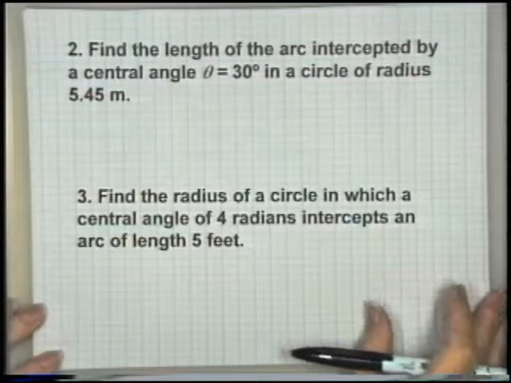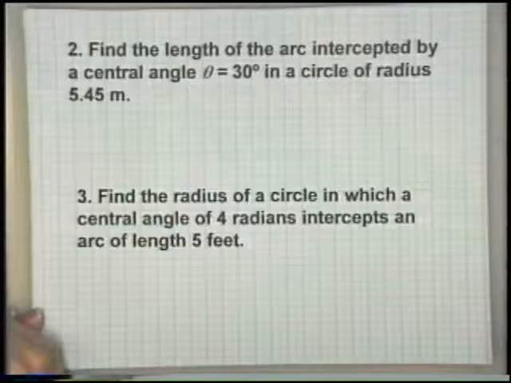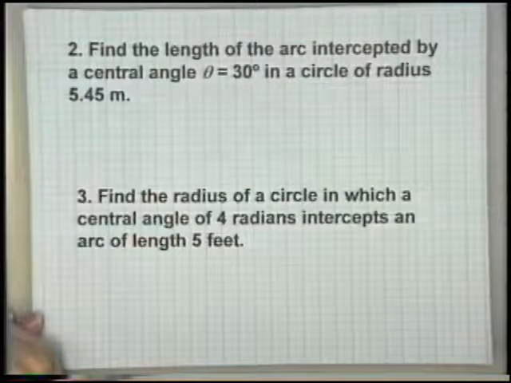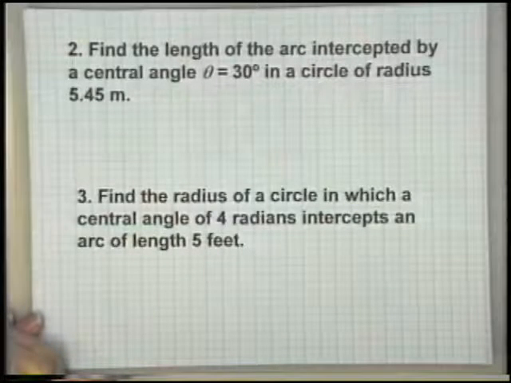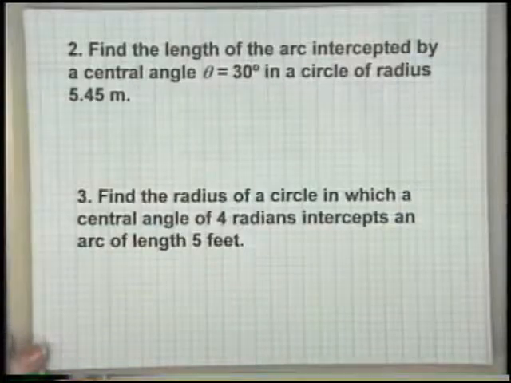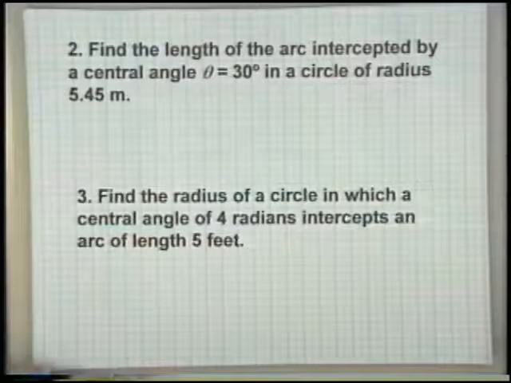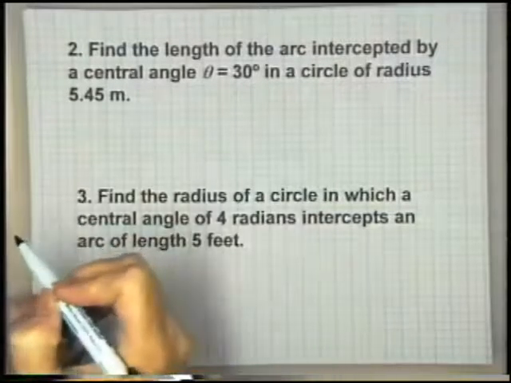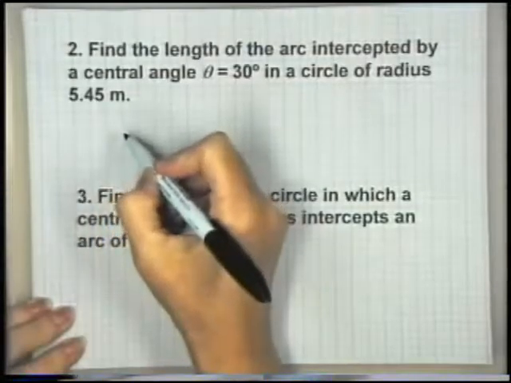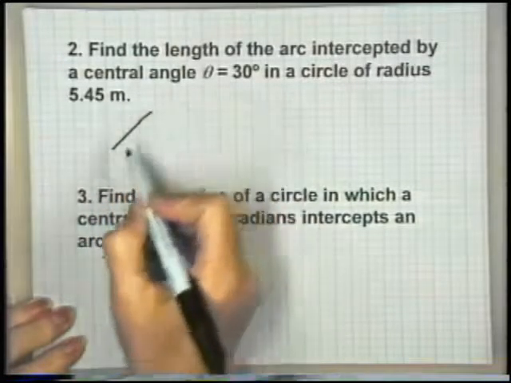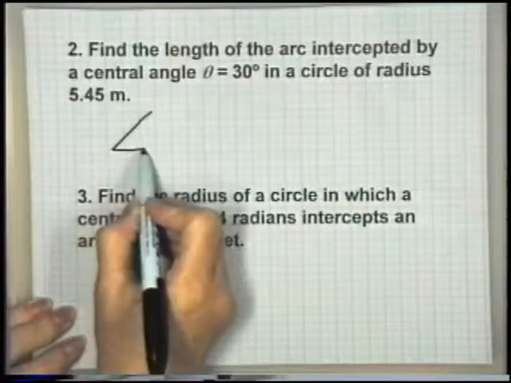For problem number 2, find the length of the arc intercepted by a central angle theta equals 30 degrees in a circle of radius 5.45 meters. Well, you could draw the whole circle, but I think I'll just draw the sector.